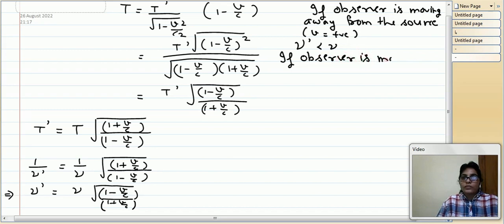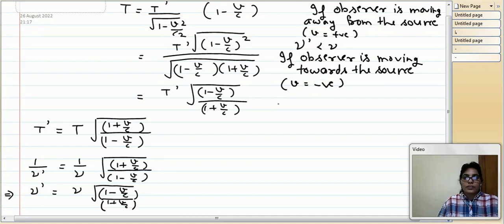And if the observer is moving towards the source, then V is negative. So what will happen? This equation will be like nu dash is equal to nu.